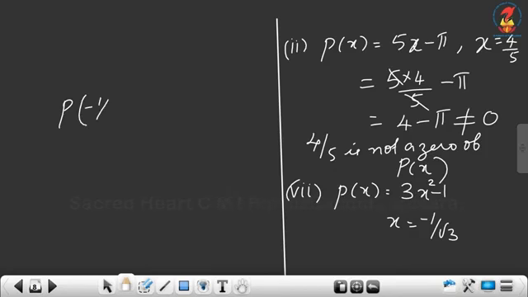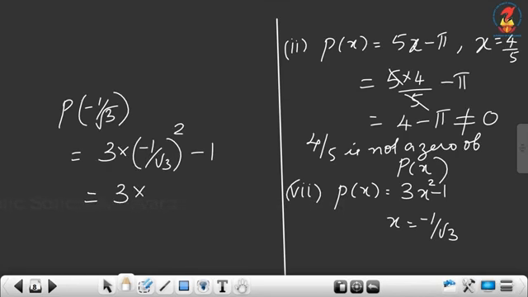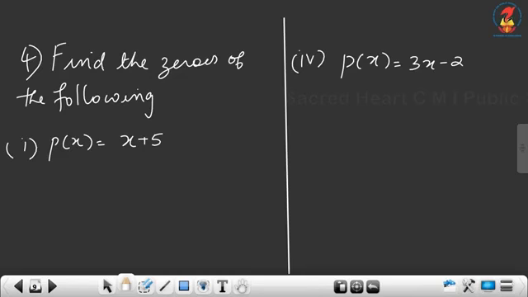So, what you have to do is p of minus 1 by root 3 is equal to 3 into minus 1 by root 3 whole square minus 1, which is equal to 3 into plus, because minus 1 whole square is plus 1, then root 3 whole square is 3, minus 1. So, when you cancel this, you are getting it as 0. So, minus 1 by root 3 is a 0 of the given polynomial.